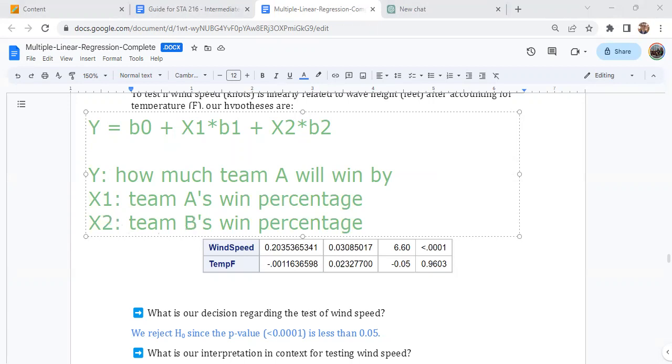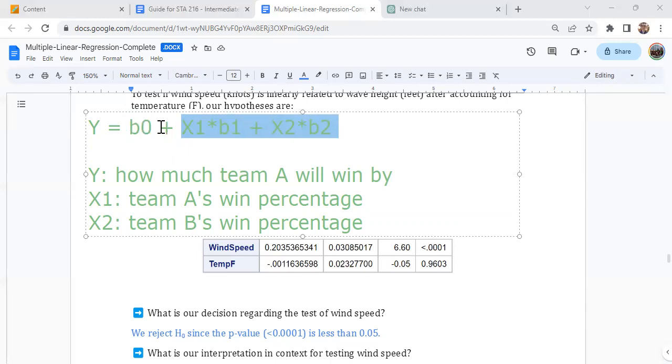And whichever team is designated team A in each game is random or arbitrary. In that case, the intercept here is representing how much team A would win by, on average, if the teams had the same exact win percentage.